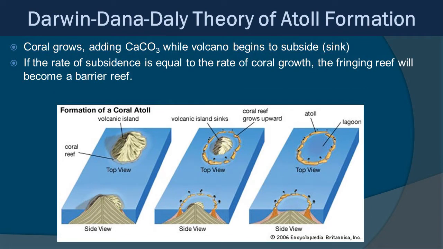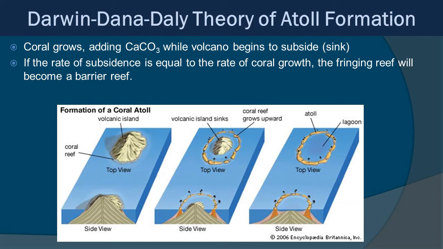Now the coral continues to grow, adding calcium carbonate, while the volcano over time starts to become dormant and subside. It really isn't sinking, but it starts to subside. If the rate of subsidence is equal to the rate of growth, the fringing reef will become a barrier reef.